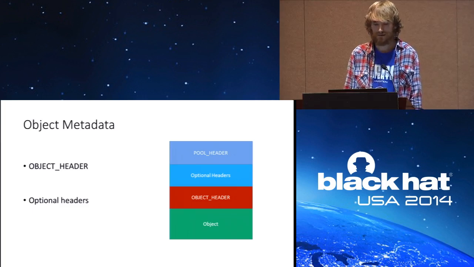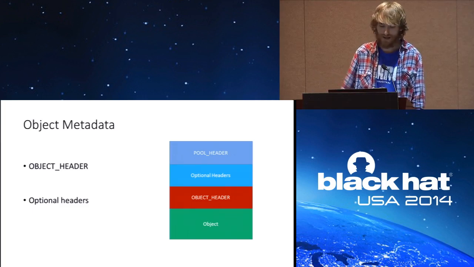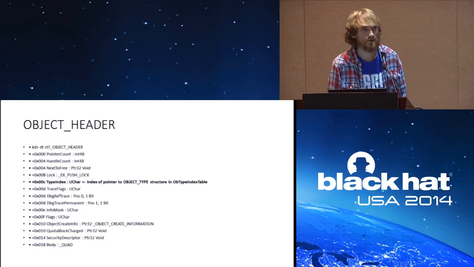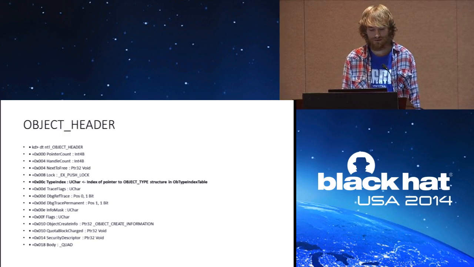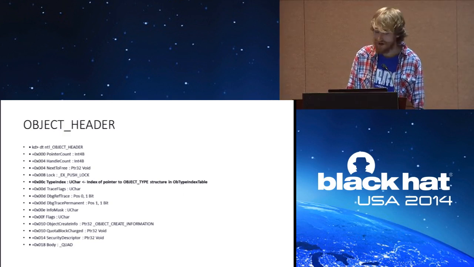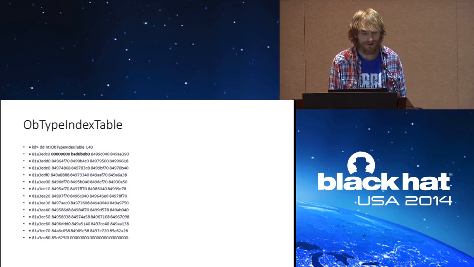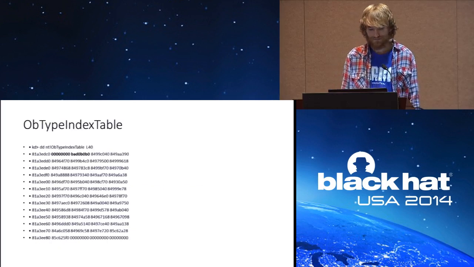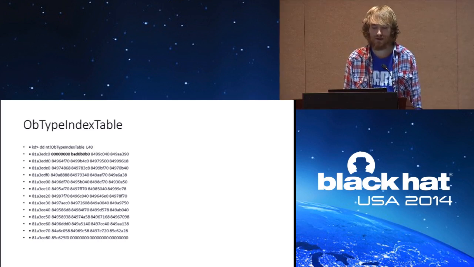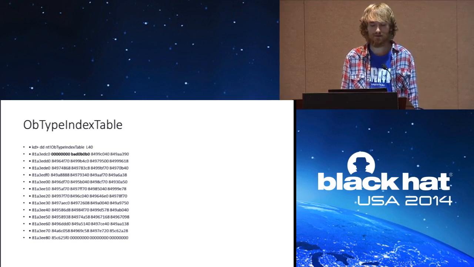After the optional headers, there's the object header, and after that the object's body. In the object header there is a very interesting field, which is the type index, which is basically an unsigned char or byte, and it's an index into an array of pointers, and these pointers are basically object types, and they define the object type.